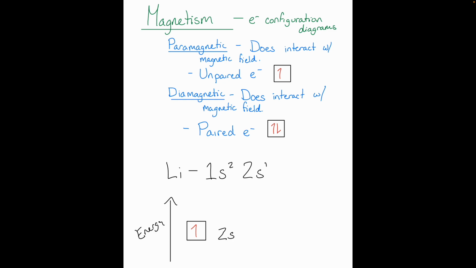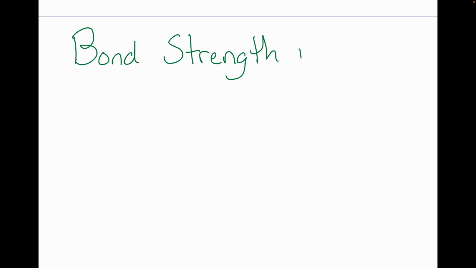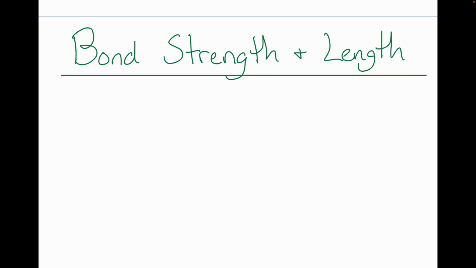Cool. The other one, the last topic, is going to revolve around bond strength and length. All right, so we sort of briefly pointed out these trends in these bond dissociation energies, but let's just kind of make it clear here.